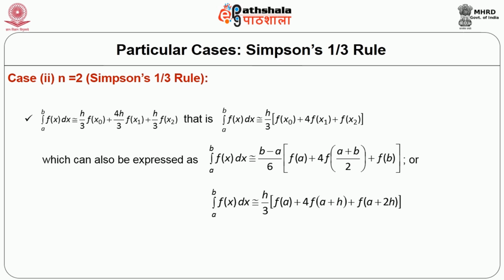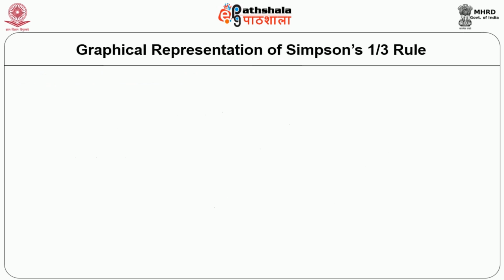And this also can be expressed, because h is (b minus a) by 2, in terms of a and b as (b minus a) by 6 into the bracket f(a) plus 4 into f((a plus b) by 2) plus f(b), or it can be expressed as h by 3 into f(a) plus 4 into f(a plus h) plus f(a plus 2h). And this formula is very well known as Simpson's 1/3 rule. The reason why it is called Simpson's 1/3 rule is because h by 3 is outside the integral sign.